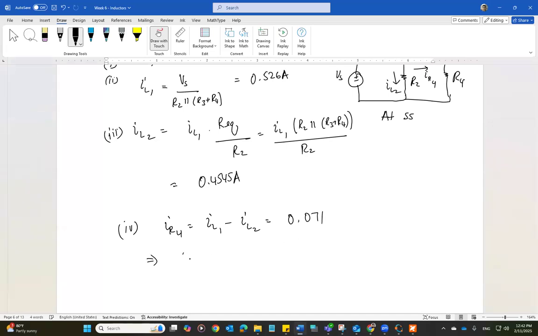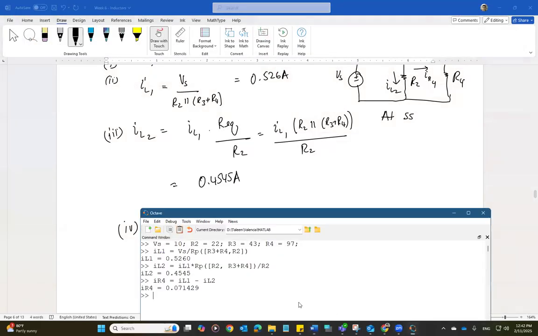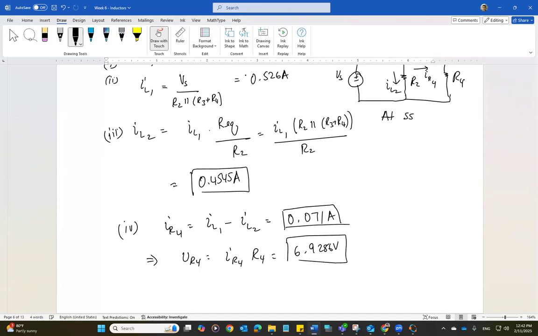This implies VR4 is equal to IR4 times R4, which is 6.9286 volts. So these are all the values for this problem.